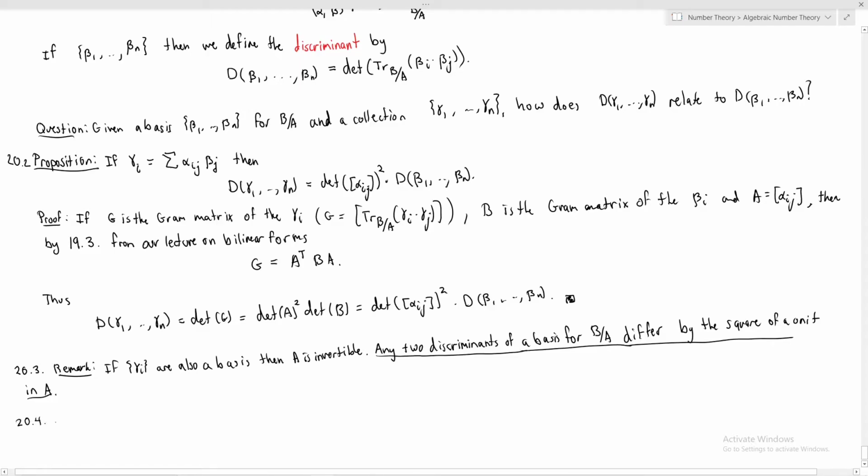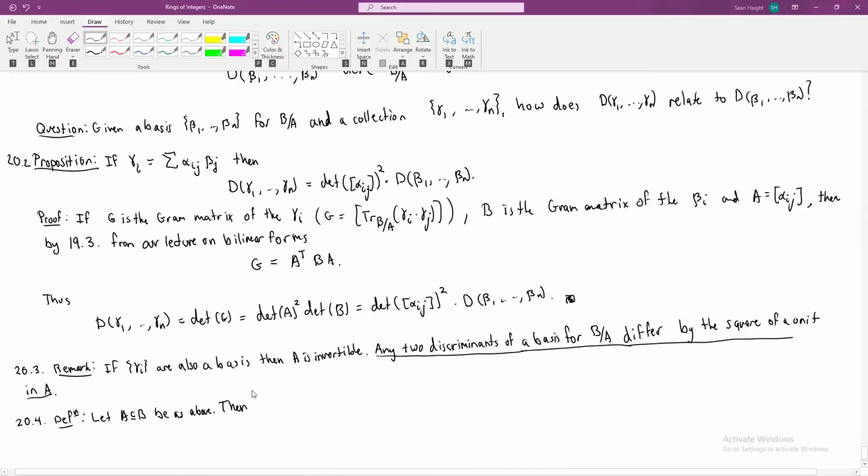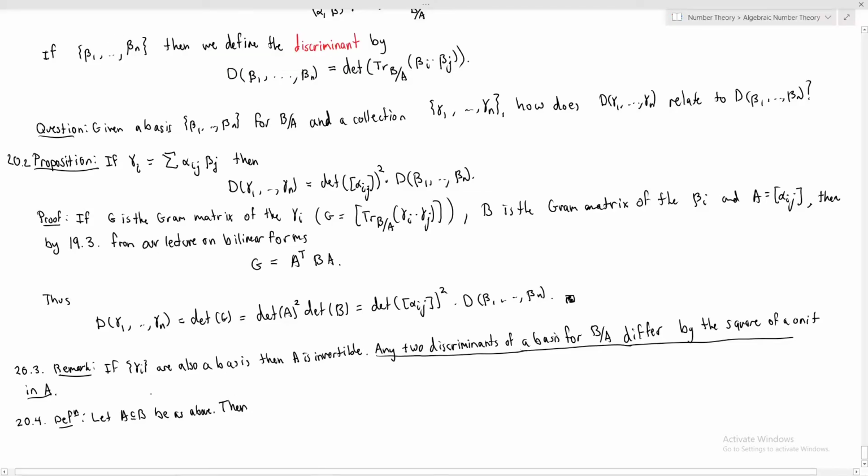20.4 definition. Okay, so we're going to let A be contained in B as above, so that B is a finitely generated module over A. Then, what can we say? I can define the discriminant of this field extension not exactly as an element of A, but up to multiplication by a square of a unit.